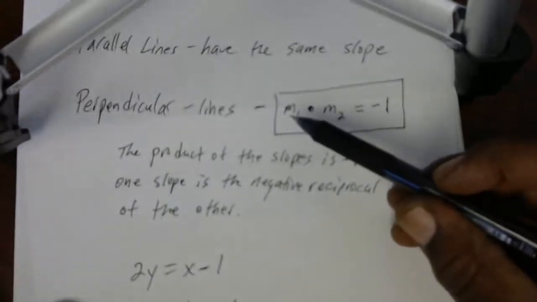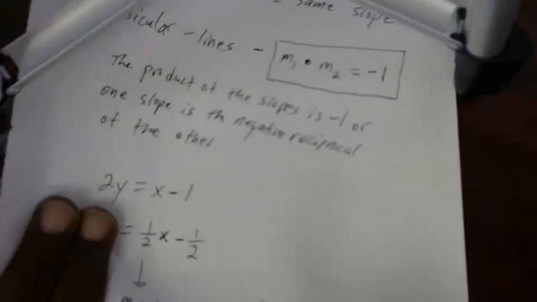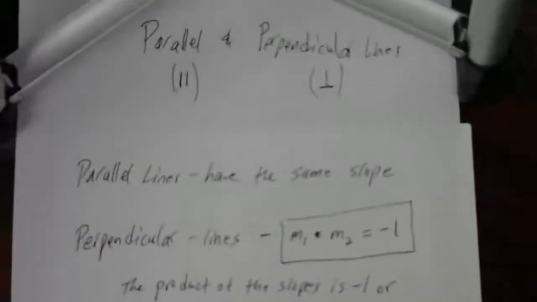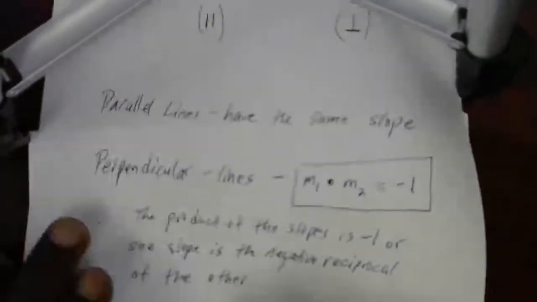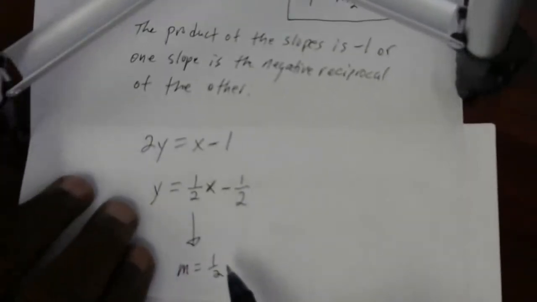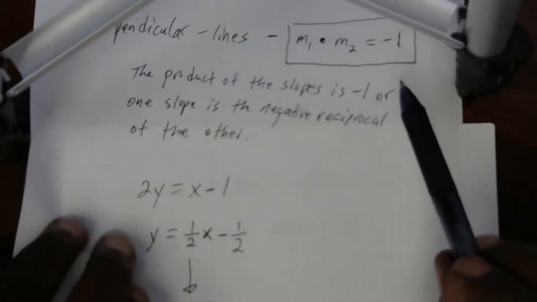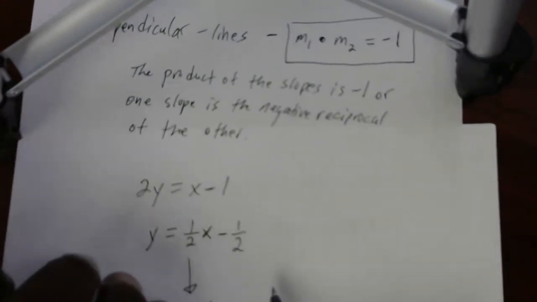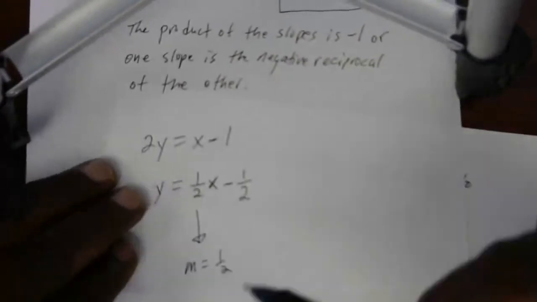So what this formula is telling us is that if we take our slope, which is 1/2, and we multiply that by some number, we should get -1. That some number is going to be the slope that we're going to use for our line.